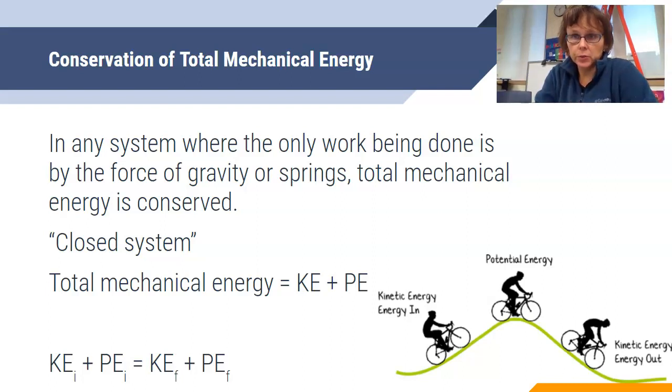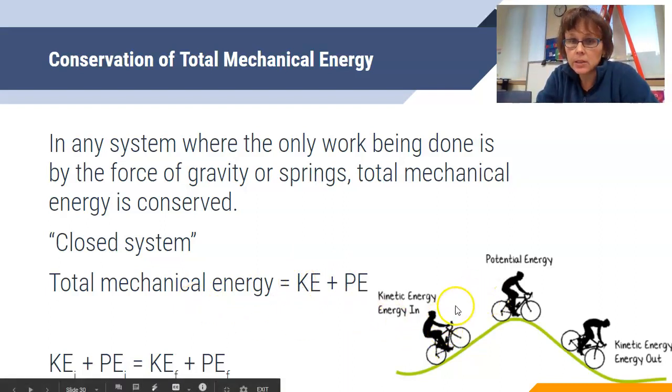Whereas non-conservative forces such as friction cannot be restored back. We cannot get back the energy from those forces. So this is an example of a closed system where total mechanical energy is conserved. So total potential energy plus kinetic energy remains constant.